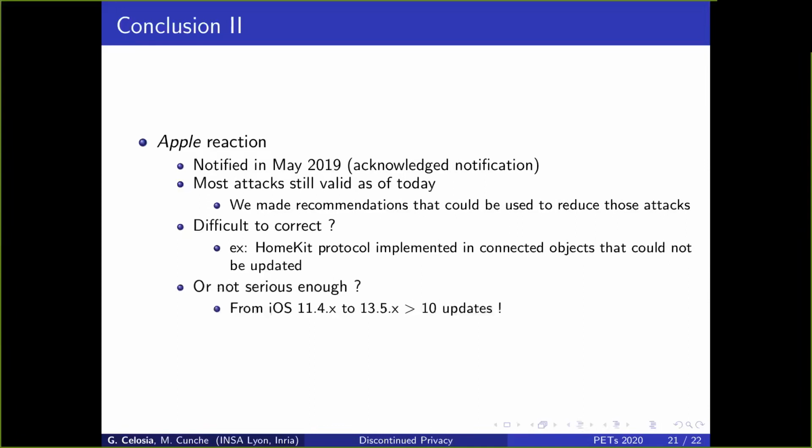In particular, we found issues in the HomeKit protocol that is implemented in connected objects, and maybe such objects could not be updated. Or does Apple consider the privacy leaks as not serious? Because from iOS 11.4 to iOS 13.5, there have likely been more than 10 updates, and none of the privacy leaks disclosed here have been addressed.